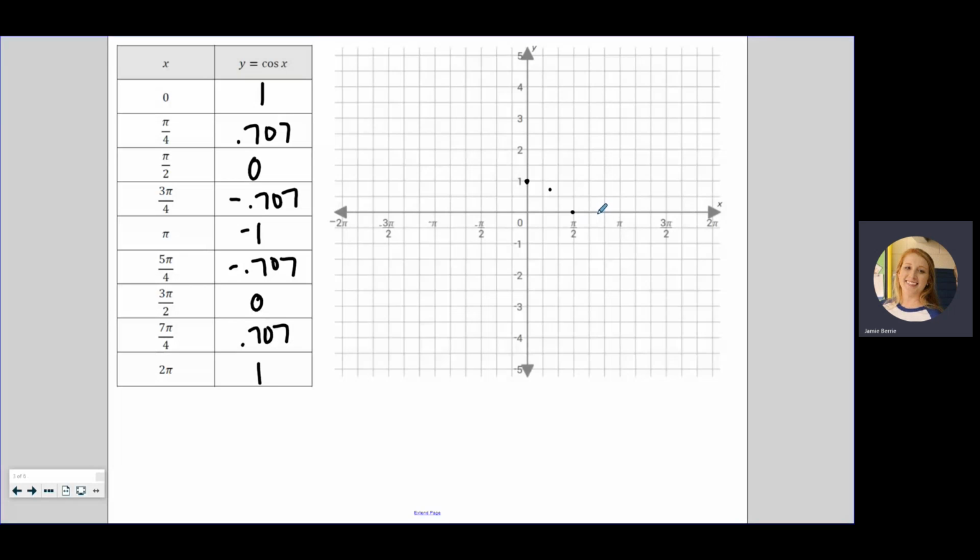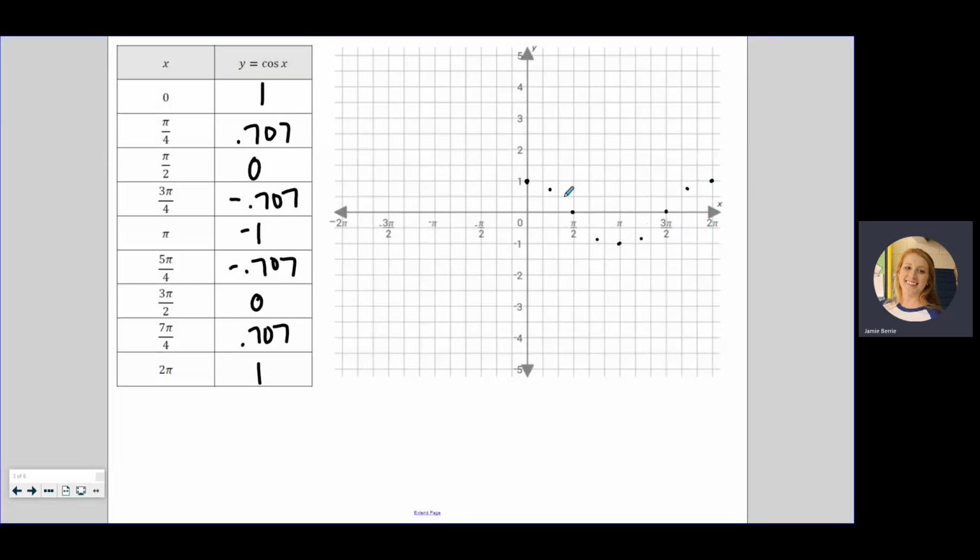That is negative 0.707, so almost to -1. And then pi is at -1. 5 pi over 4 would be negative 0.707, so about here. 3 pi over 2 is 0. 7 pi over 4, halfway in between 3 pi over 2 and 2 pi. So that's up here at 0.7. And then at 2 pi, we're up here at 1.